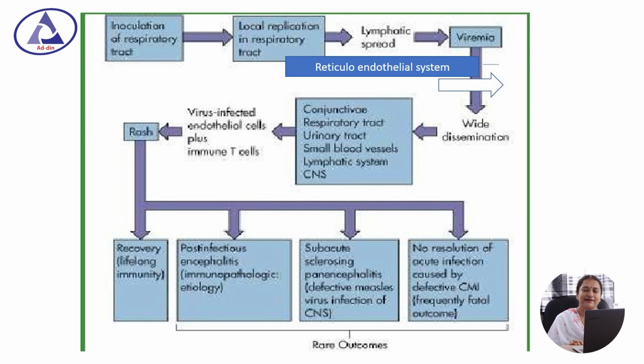Fate of measles virus: after infection, it may cause recovery that gives lifelong immunity, or no resolution phase occurs where acute infection continues due to defective cell mediated immunity. Also, subacute sclerosing panencephalitis or post-infectious encephalitis may occur as a consequence of defective immunity.